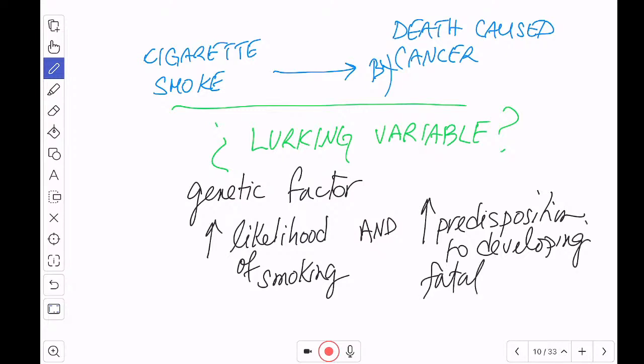That kills you. So that's how they got away with it for a while.